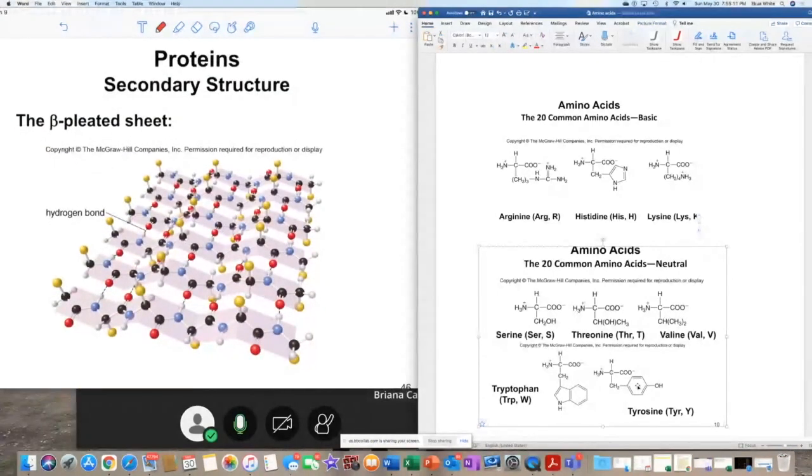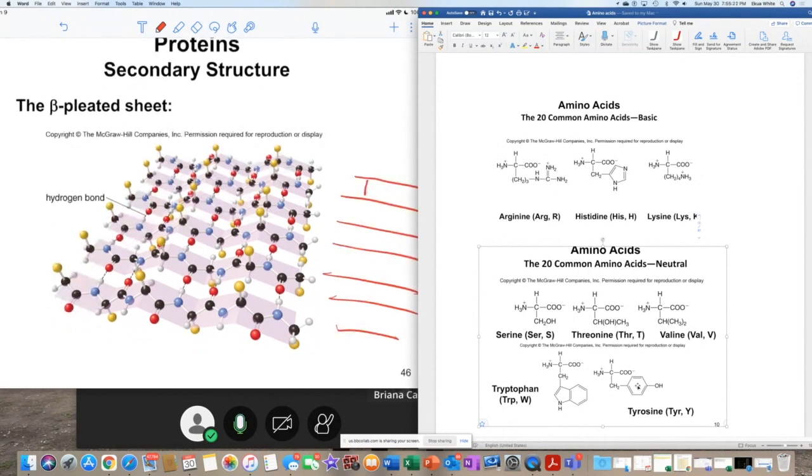Okay, this is showing you the beta pleated sheet. To form this, you have a bunch of primary proteins next to each other. Then they interact with each other side by side. In the process, they form these kinks that look like a chevron design, the zigzag pattern, right? You see that in there? It's actually a zigzag pattern.